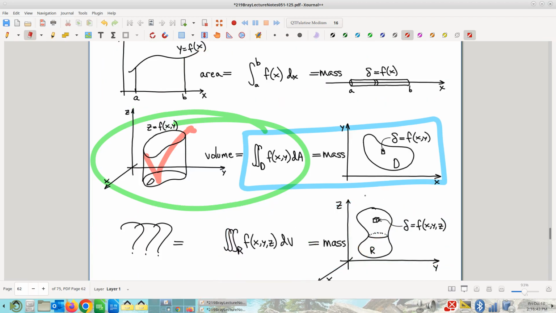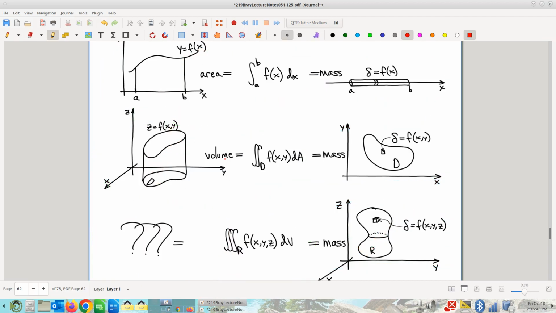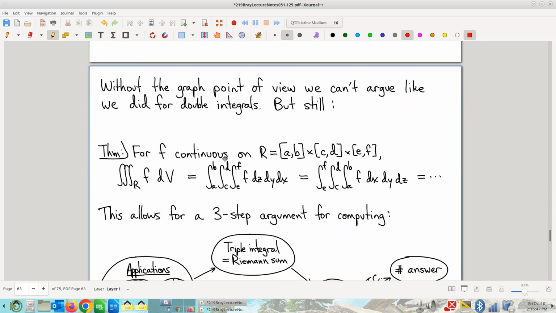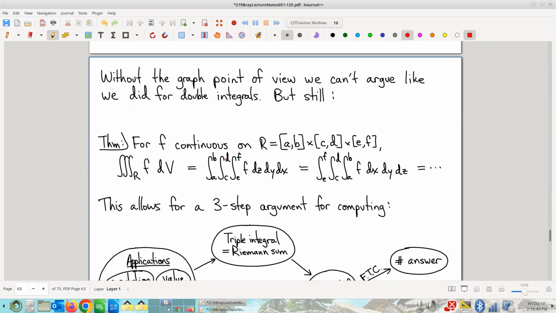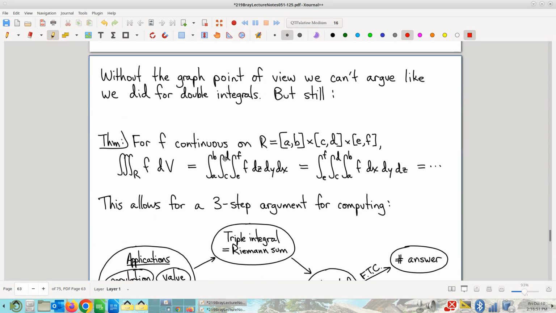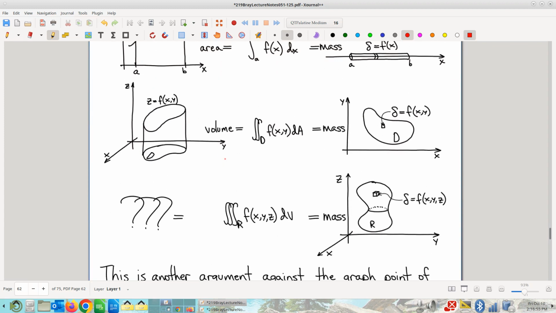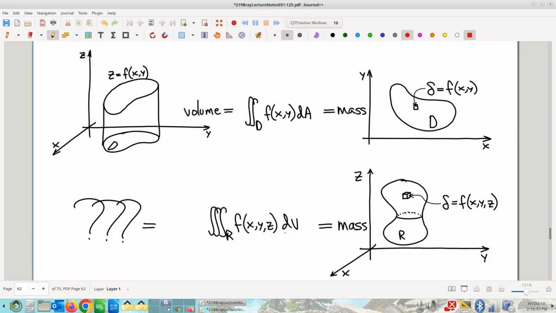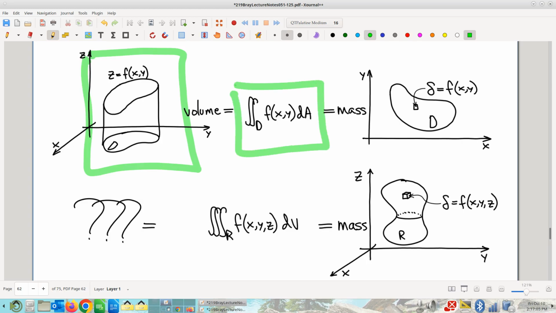Okay, enough of that. Some good news. Let me stay back here for a quick second. Again, I did use this picture to explain why double integrals can be computed with iterated integrals.